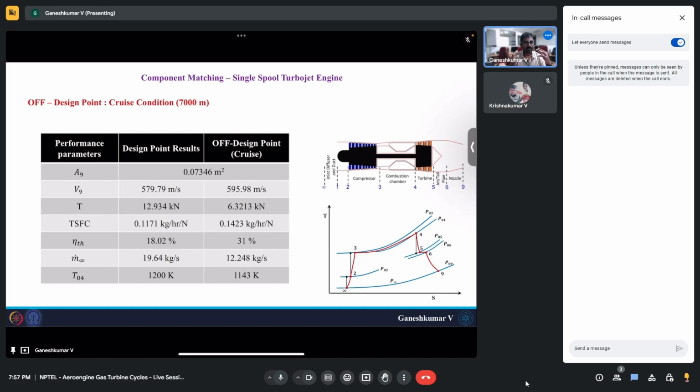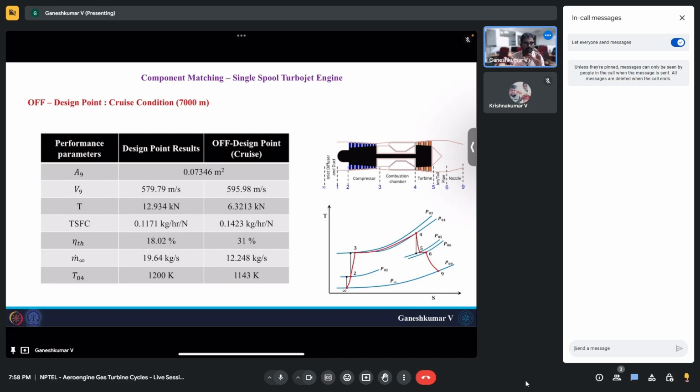Based on that m dot c2, you should find the pressure ratio, and that pressure ratio across the compressor should be accomplished by the turbine. So the turbine should give that work to the compressor, and while it is doing so, the mass flow rate that comes out of the turbine should also match the mass flow rate through the nozzle.